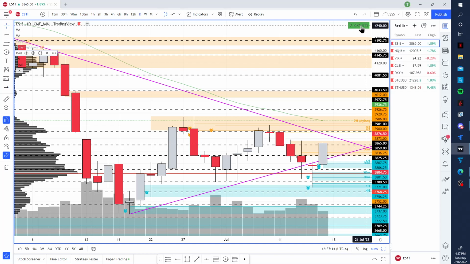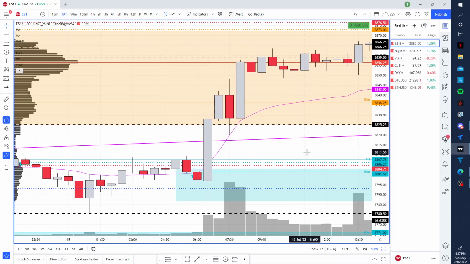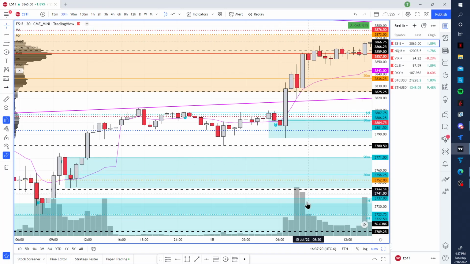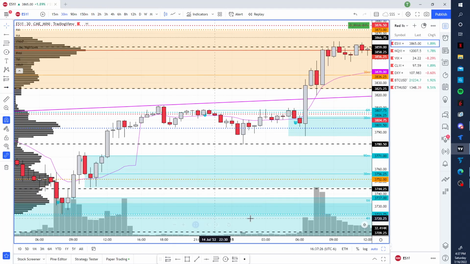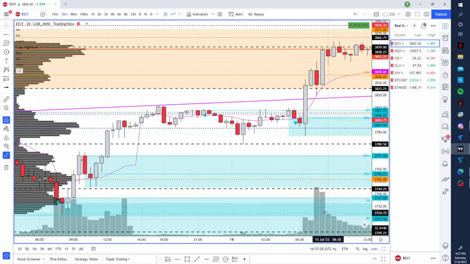This just tells you in real time as the bars are forming what the volume is on the day. So like you can see here versus the previous day, after the first hour, volume just totally fell off.